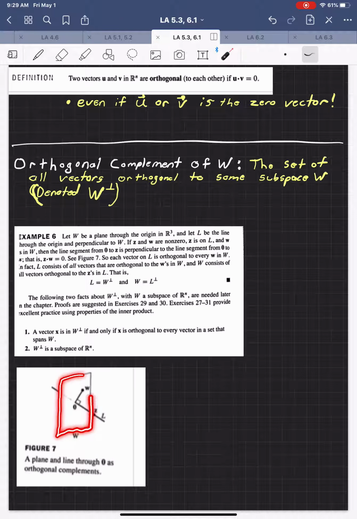So let's think of W. Here's this subspace, and notice this line running through the zero vector in W would be perpendicular to subspace W. You can read through example 6, which also answers itself.